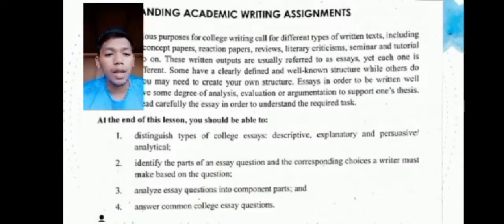Objective. At the end of this lesson, you should be able to, first, distinguish types of college essays: descriptive, explanatory, and persuasive or analytical. Second, identify the parts of essay questions and the corresponding choices a writer must make based on the question.